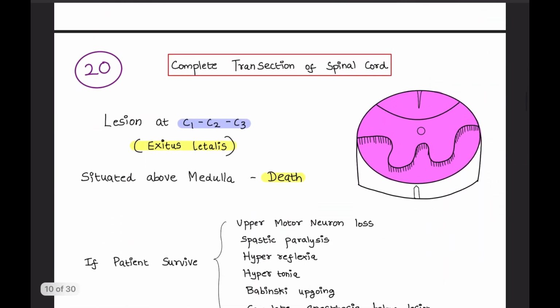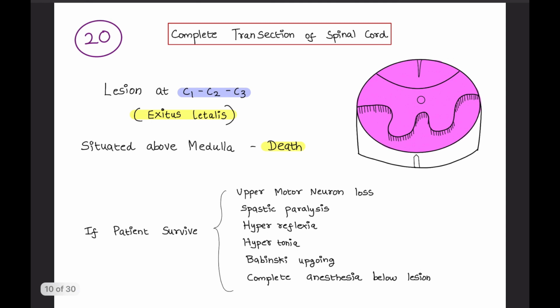Then we will move on to the next case where there is a complete transection of the spinal cord. That is, the lesion is on the whole spinal cord section.